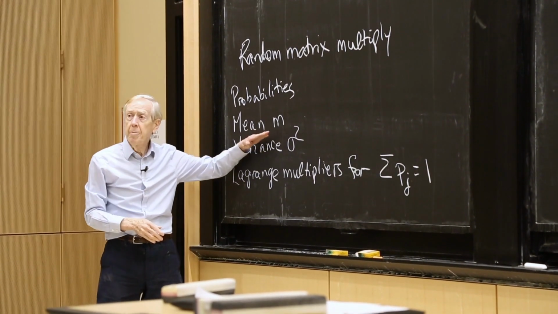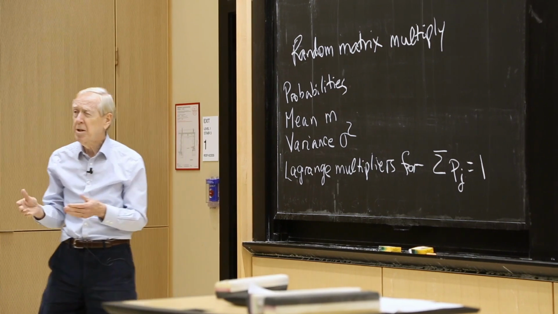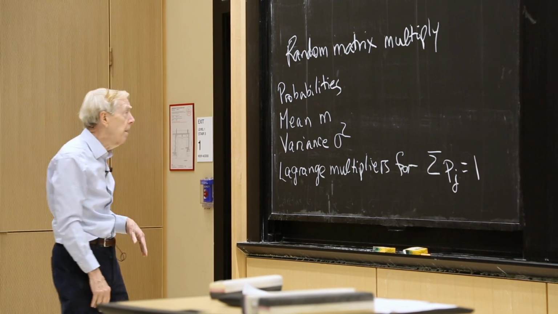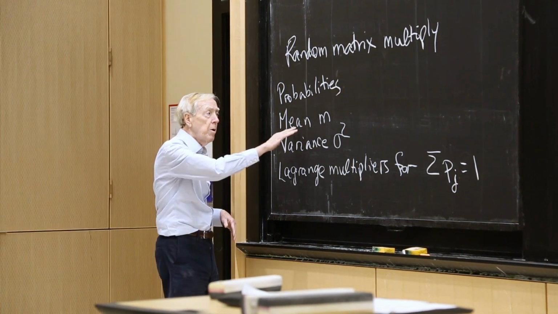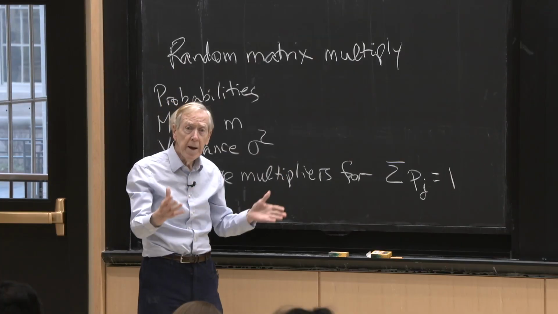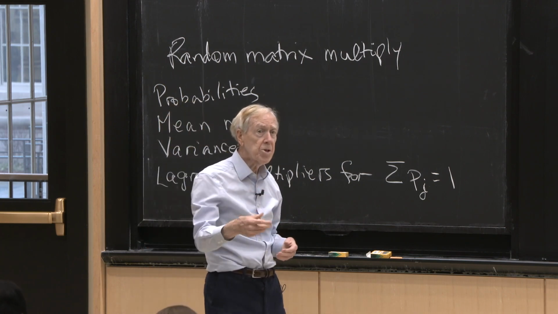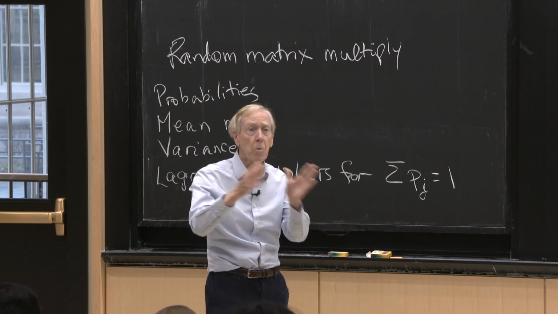Then we want to compute the mean. So it's our first day with some of these key ideas from statistics and probability. So we're going to take probabilities that add to 1. We're going to figure out what's the mean value of our random AB. We hope, and we will see, that the mean value of the random AB is the correct AB.